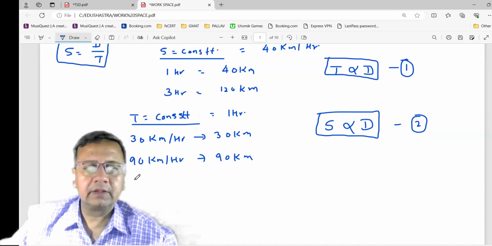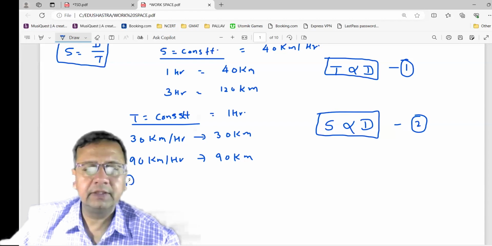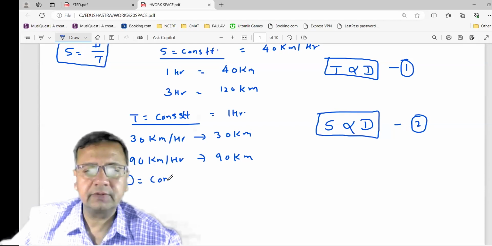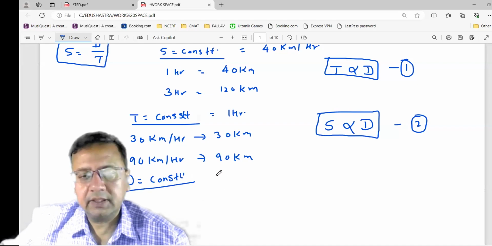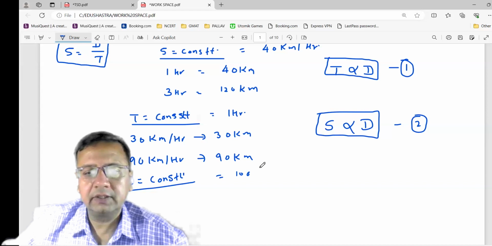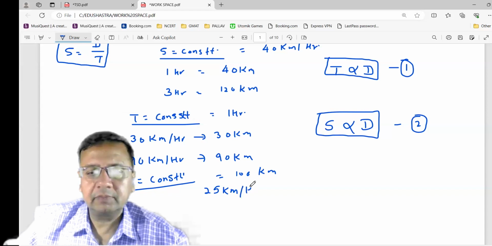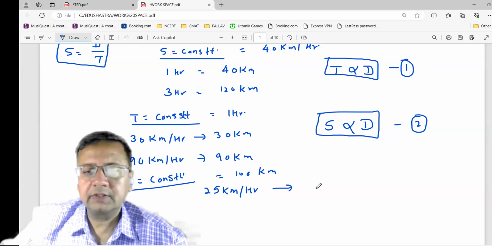Third one, if distance is constant, right? So if I say you're traveling for 100 kilometers with a speed of say 25 kilometers per hour, how much time? 4 hours, right?